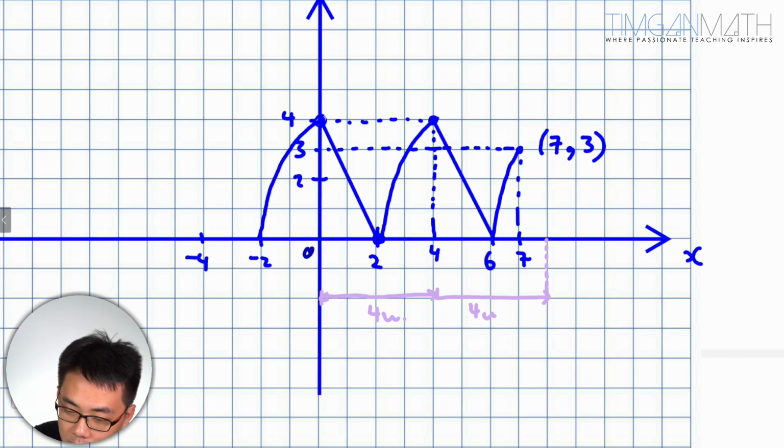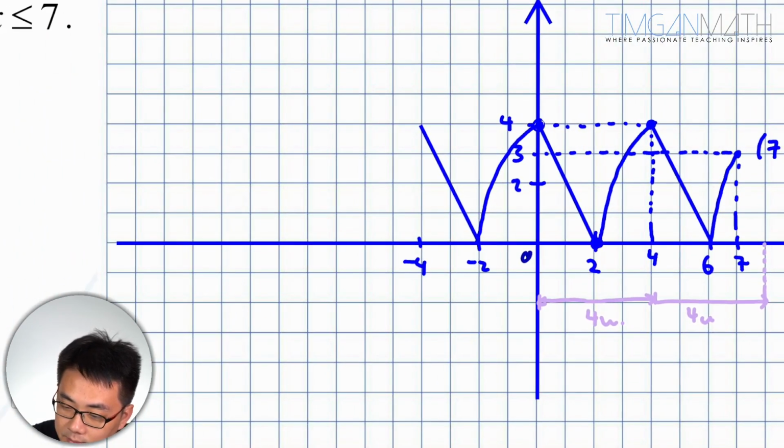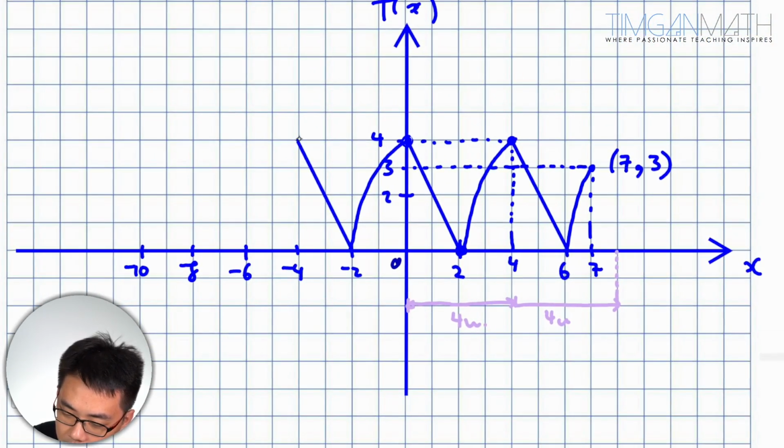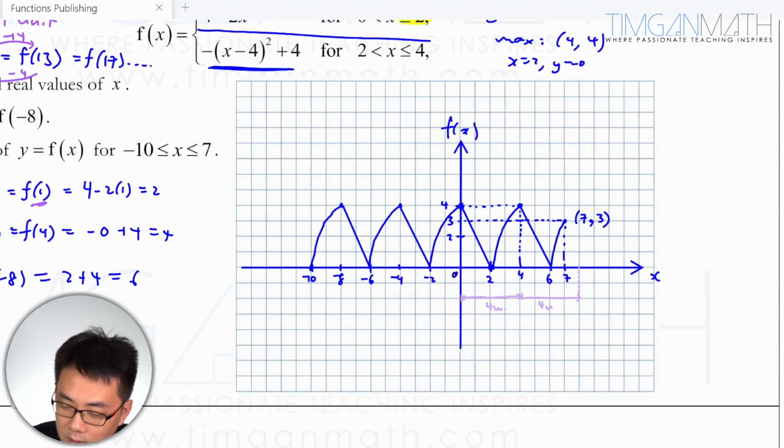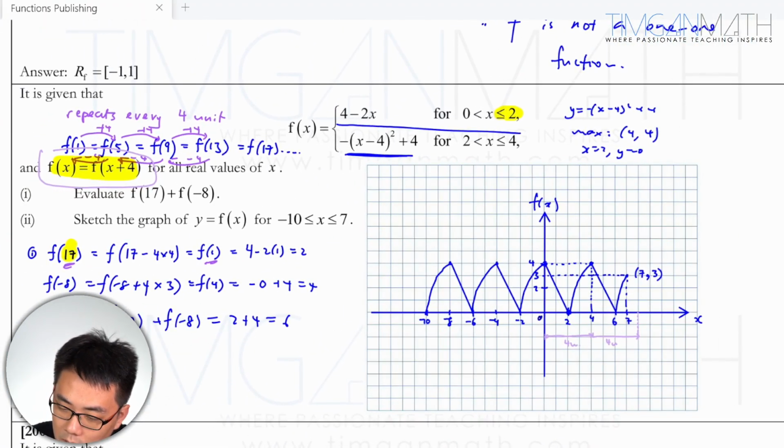Then repeat once more until I get to minus 10. It'll be like that. There you go.